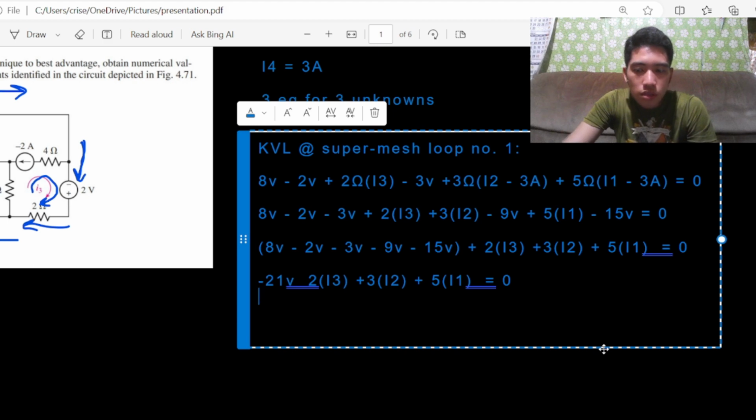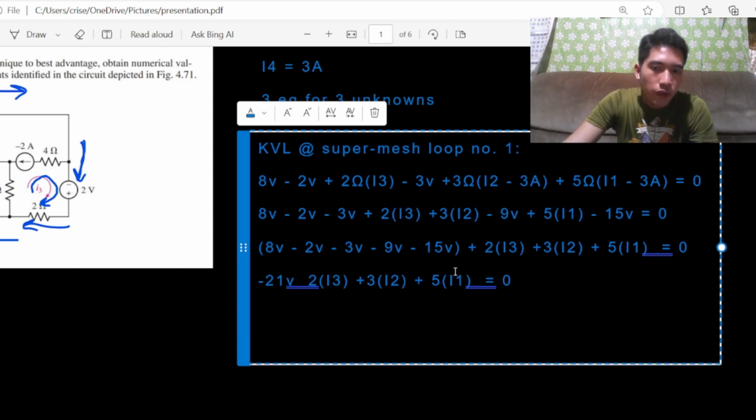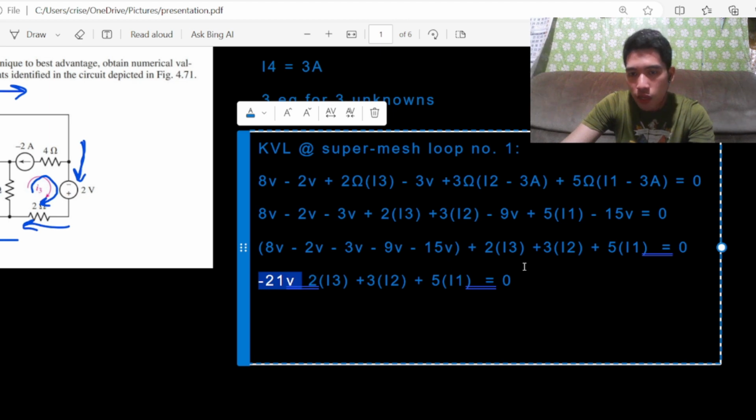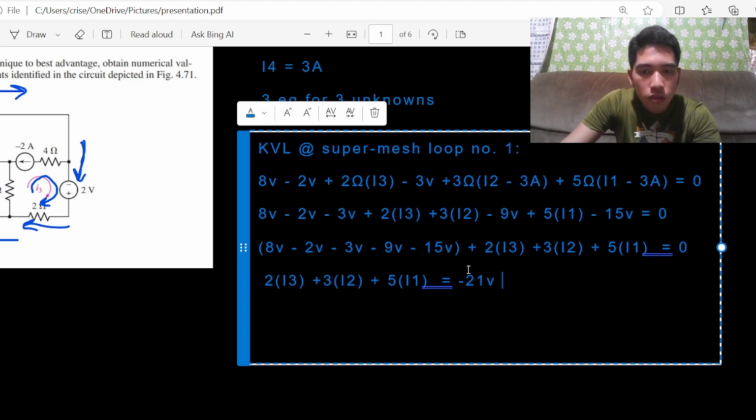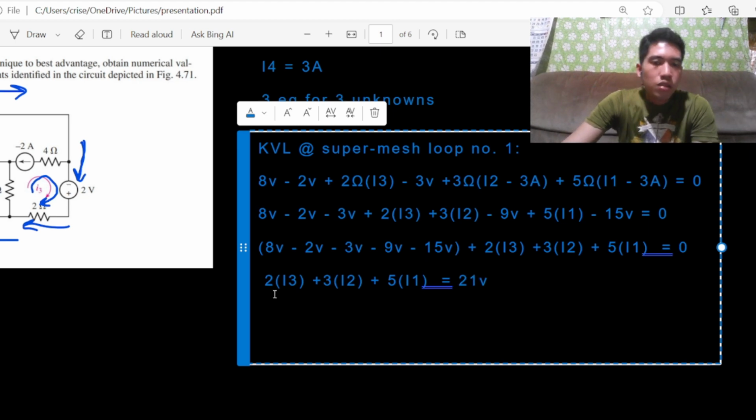The next thing we'll do is arrange this equation so that it follows the traditional arrangement of I1, I2, and I3. And we will also move the negative 21 volts in this position. So adding 21 volts to both sides of the equation, we'll get 2I3, 3I2, and 5I1 equating to 21 volt.